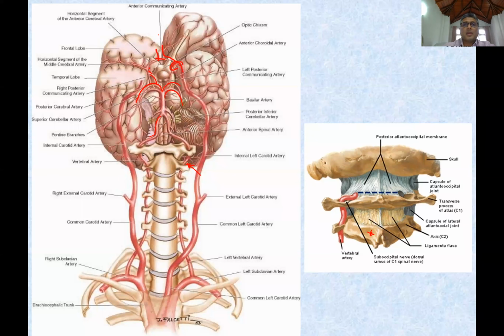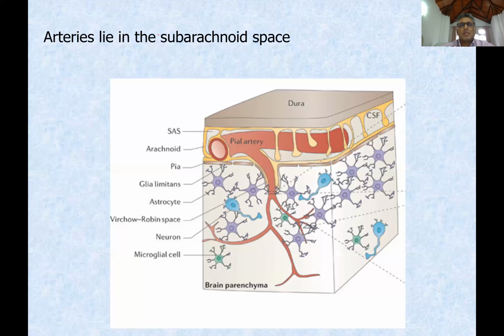Now, about where the blood vessels are, they lie in the subarachnoid space, as we said before, and therefore they are bathed in cerebrospinal fluid, because this is the same space that contains cerebrospinal fluid. And the blood vessels in the subarachnoid space send branches into the substance of the brain, as you can see here.